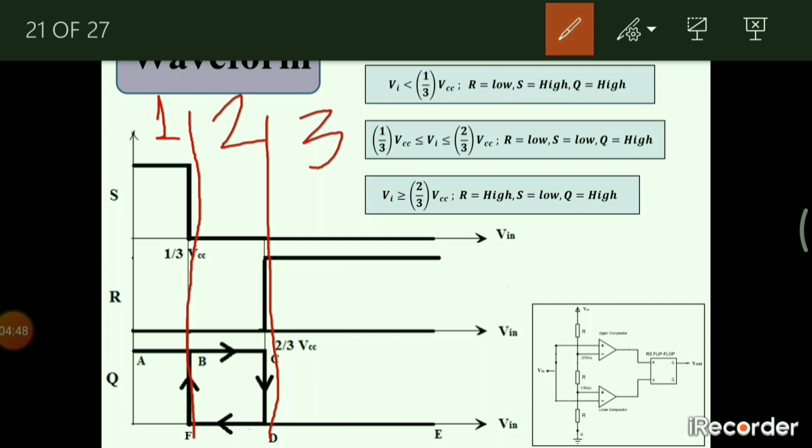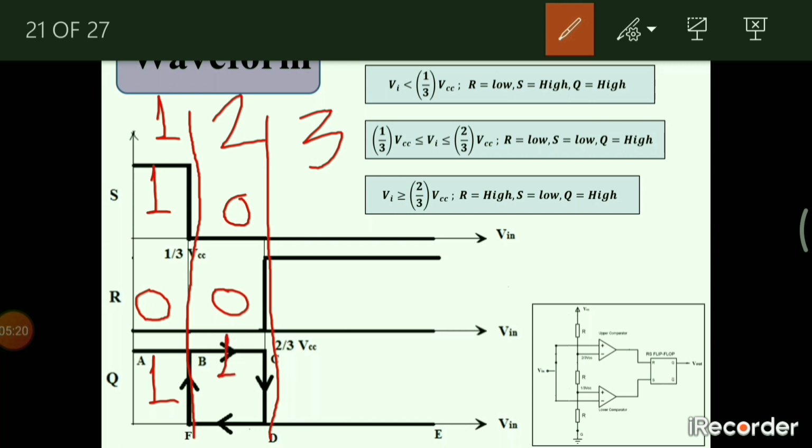Now in the first condition, R is low, so R is 0, S is high, so S is 1 and Q is high, so Q is 1. Now in the second condition, VI is in between 1 by 3 to 2 by 3. So R is low, which is 0, S is also 0 and Q is high.